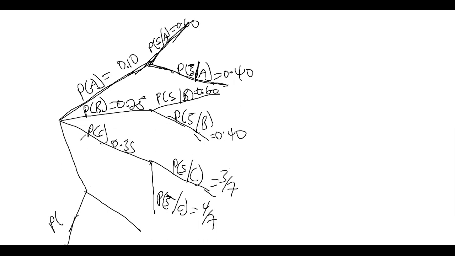Then finally, the probability of selecting a 2-star firm was 0.30. Now, if the firm is a 2-star firm, they might have also increased their share price or not.